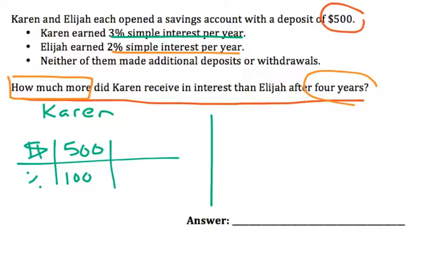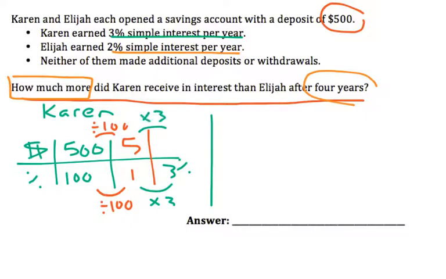And then I want to figure out 3% somehow. So I'm going to scale this down. You can divide by 10 twice, but I'm just going to divide by 100 at first. That would give me $5, which is the same as 1%. And now let's scale this up to 3%, which is $15.